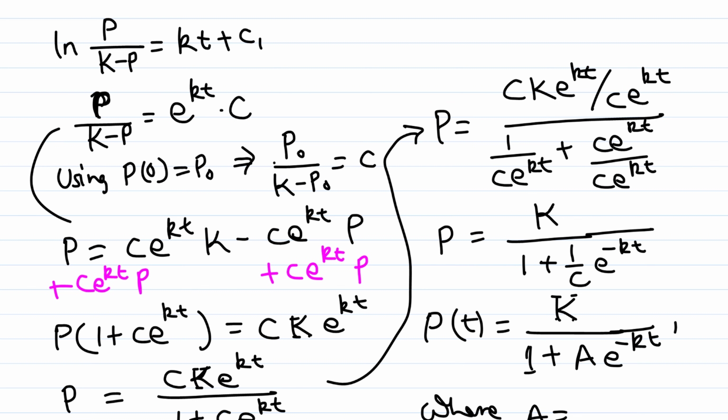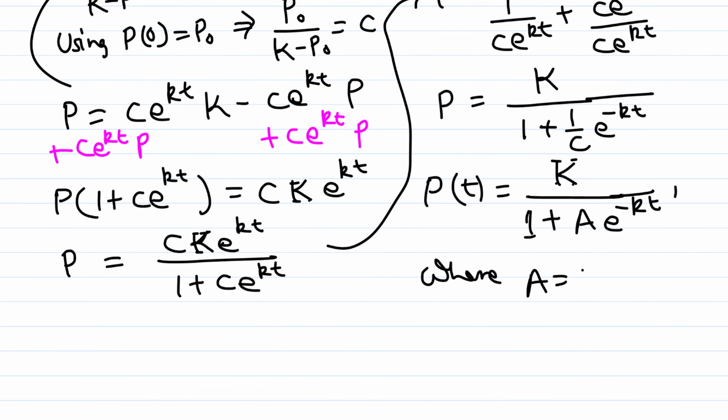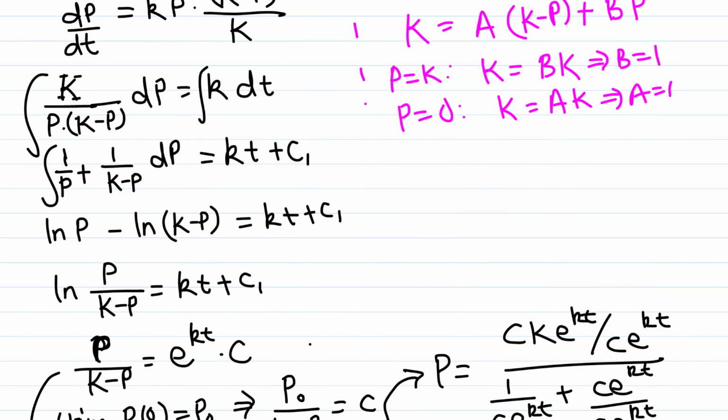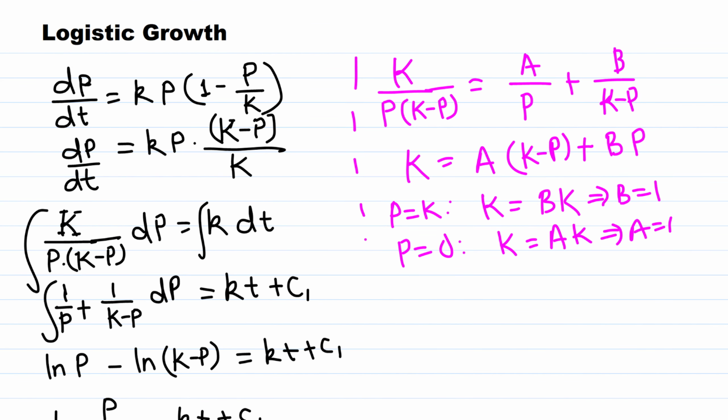C was P naught over K minus P naught. So the reciprocal would be K minus P naught over P naught. Okay, so this is the logistic growth formula, when the population growth not only depends on current population but also depends on the remaining room. Okay, final.